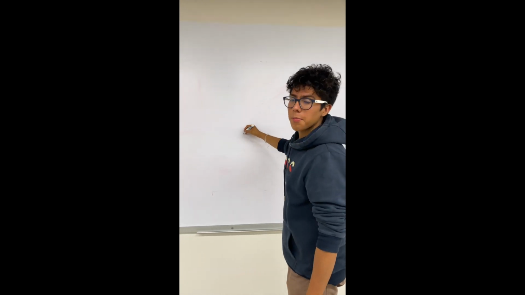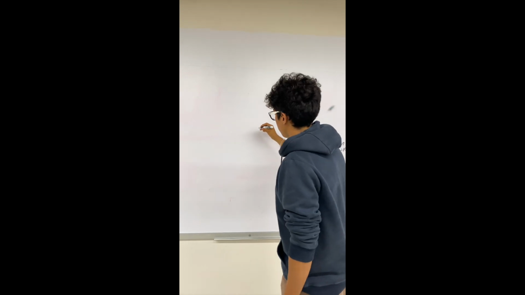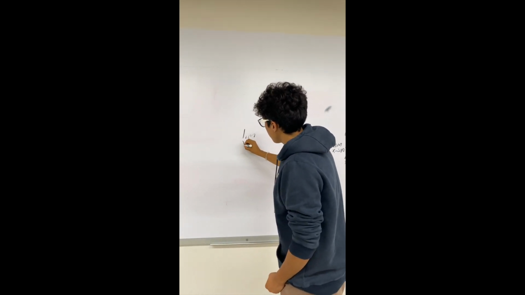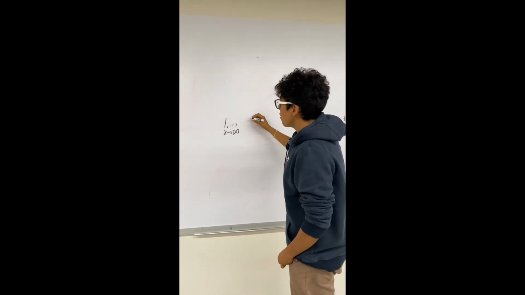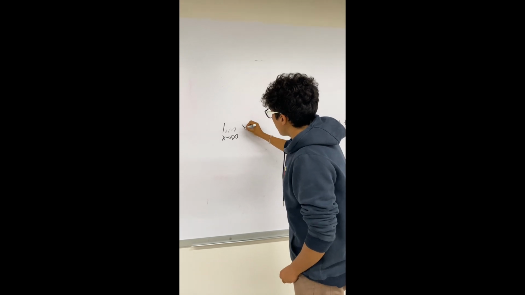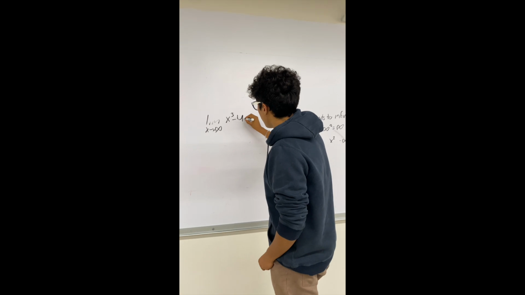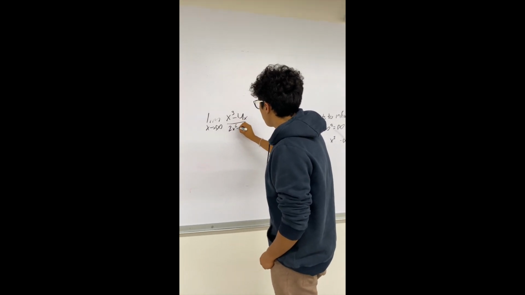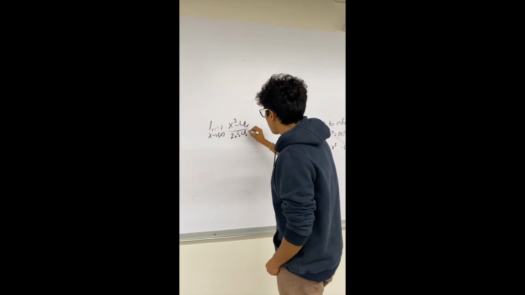In this other example, I will show limits to infinity with radicals. In this case, I will have the limit of x to infinity equal to x cubed minus 4x over 2x squared plus 4x cubed.